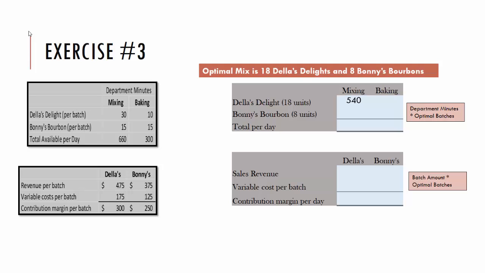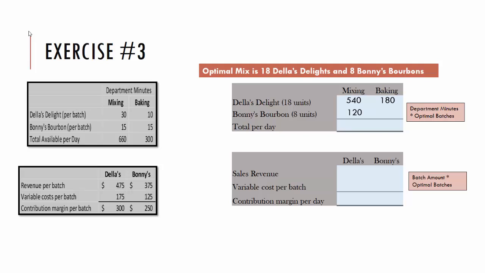Della's Delights take 10 minutes per batch to bake. We're going to make 18 of those, which means in total it's going to be 180 minutes to bake those Della's Delights. For Bonnie's Bourbons, we went through and we figured out that 8 is our optimal amount to make in our product mix. So let's take that 8 and multiply it by how many minutes it takes to mix each batch. 8 batches at 15 minutes per batch means it's going to take us 120 minutes in total to make those Bonnie's Bourbons.